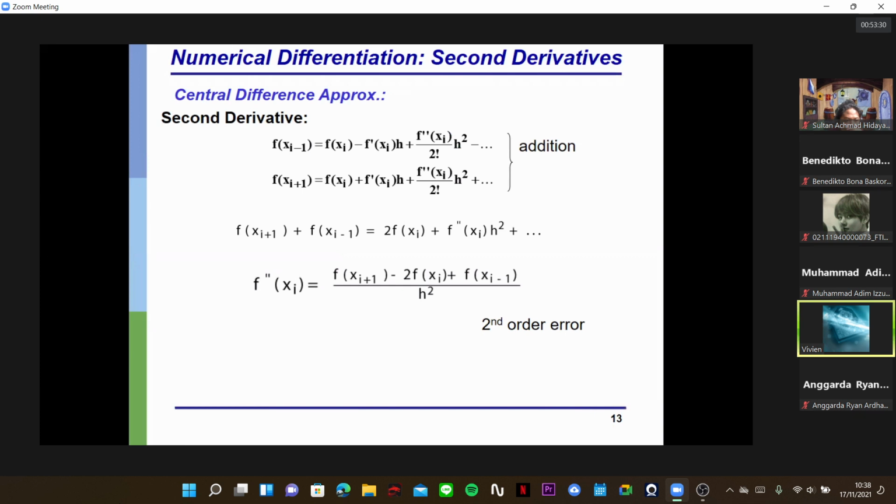Okay. Next, we want to compare the result with backward difference. Exactly the same as before, but now we connect that point with the point before.